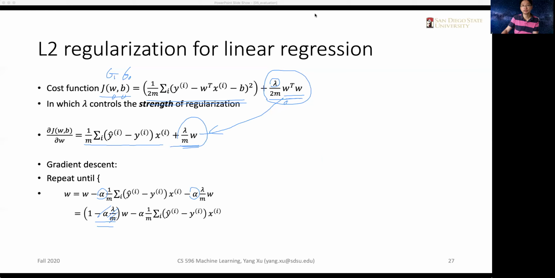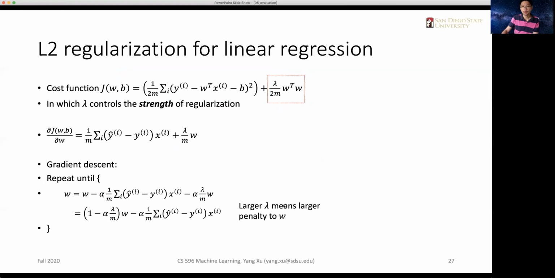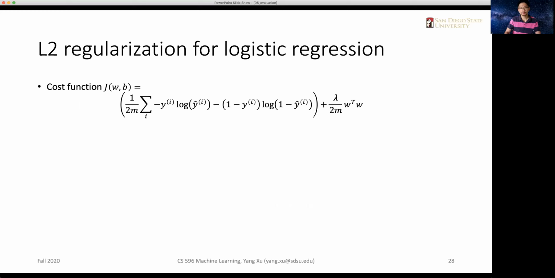But here we have it, and as a result, the W will have smaller values, right? A larger lambda means a larger penalty to W, because we subtract a larger value from the previous W, okay? And the larger lambda we have, the smaller magnitudes of W we will have. And smaller magnitude of W means less risk of overfitting to the training data set, okay?